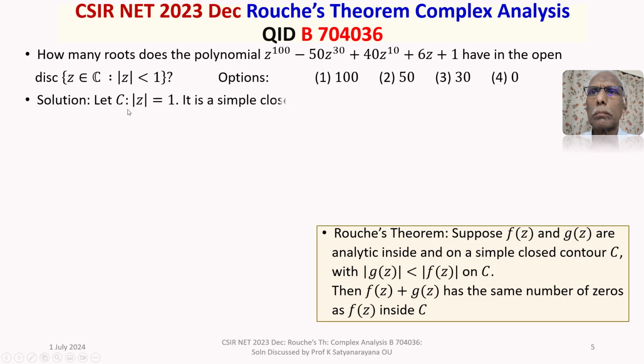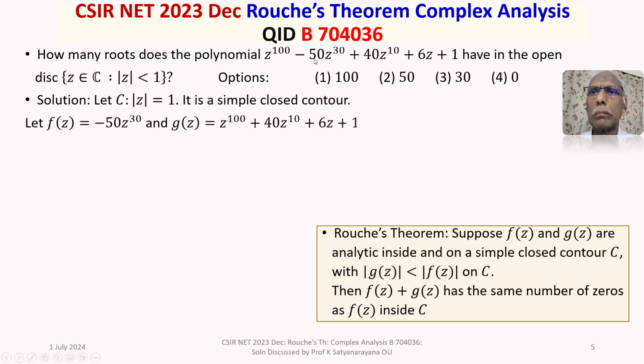Let C be the unit circle, that is mod z is equal to 1. It is a very simple closed contour, and the meaning of simple closed and the meaning of contour we are very familiar with.